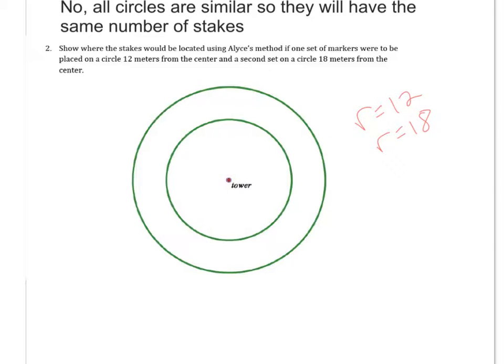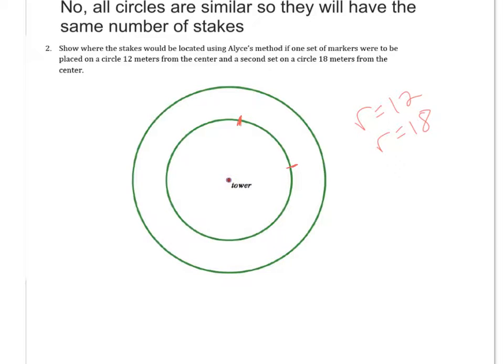So ideally we would have a piece of string that I could show you with, it's going to be pretty hard to do making a video, but if I put my first stake, let's say here, and I find a length of 12 around the circle, let's say the next one is about here.